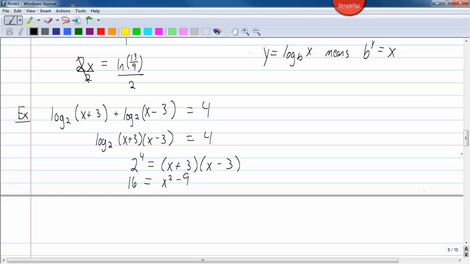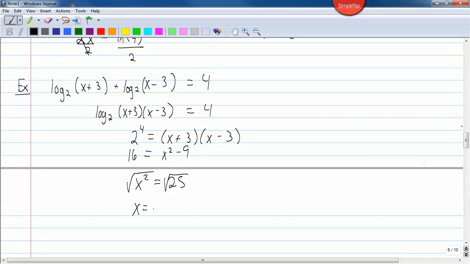So I have x squared equals, when you move the 9 over, 25. Take the square root of both sides, so x equals what? Plus or minus 5. Now the tricky thing with logarithms is, if you solve a logarithmic equation, once you get your answers, I got a plus and a minus 5, I need to plug them back into my original and make sure that I'm not trying to take the logarithm of a negative number.